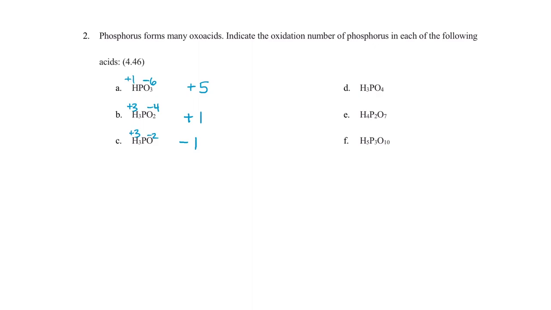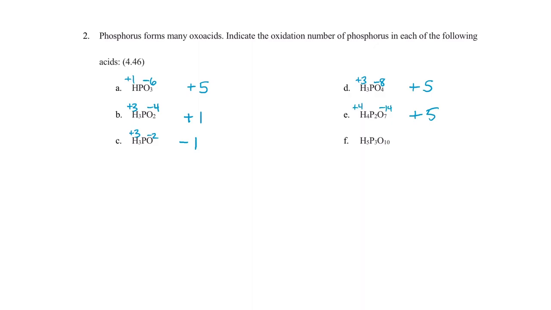So I have a -2 plus 3, that's a +1. Phosphorus must be -1 to balance that out. Letter D, each hydrogen is +1, giving us +3, and each oxygen is -2, giving us -8. +3 and -8 is -5, so phosphorus must be +5.